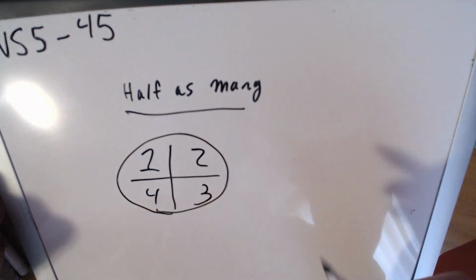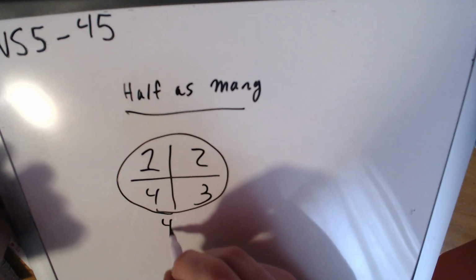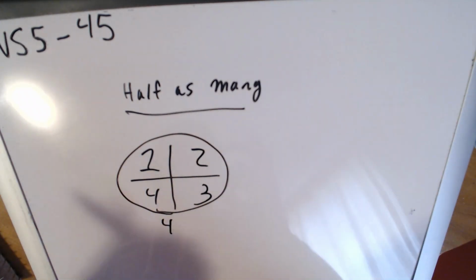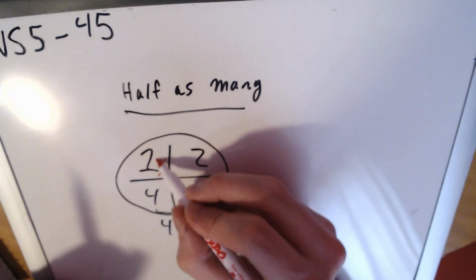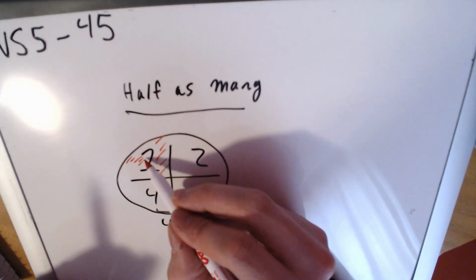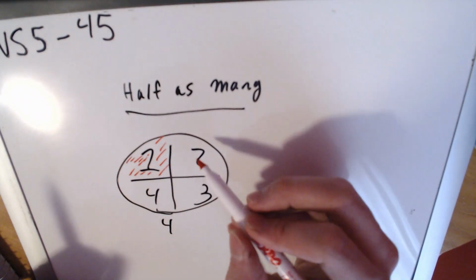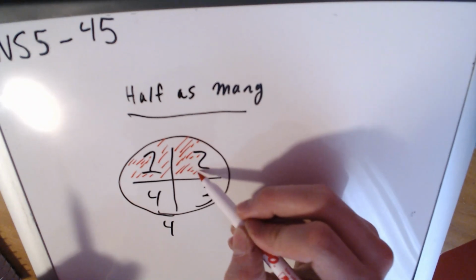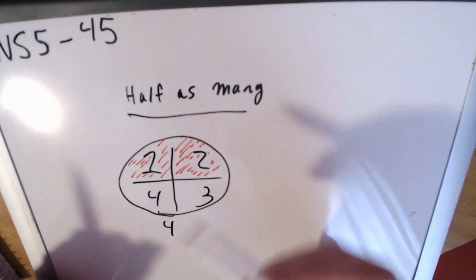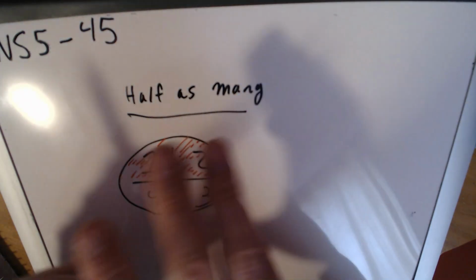So this is a total of 4 pieces of pizza. Now, what would be half as many as the total pizza? Well, what we can easily do here is just color in half of the pizza, and we can find out what half as many would mean. So when you have a whole, that is 1 whole.